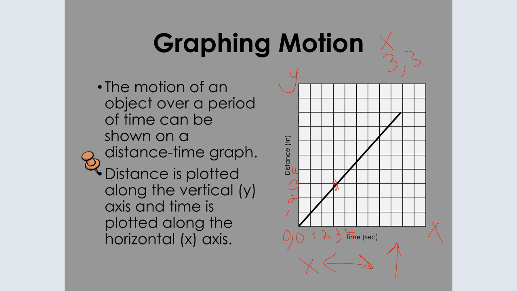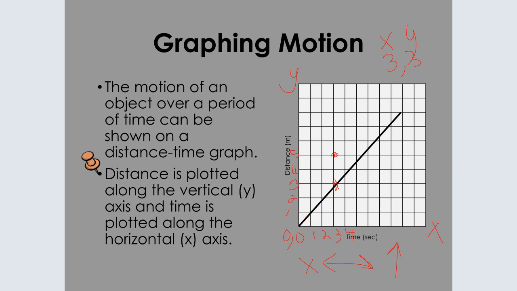So that's the x and that's the y. Let's do this point here. It's off the graph. So this is 3, 5. So just to review, this is the origin.